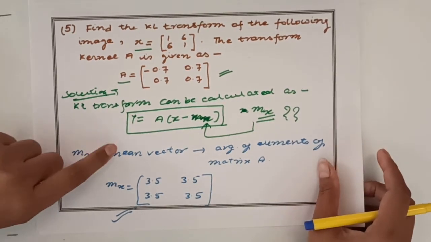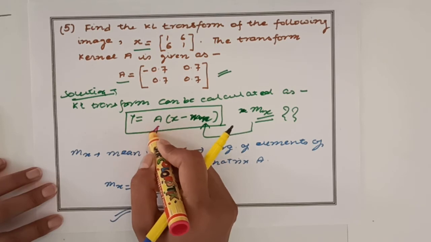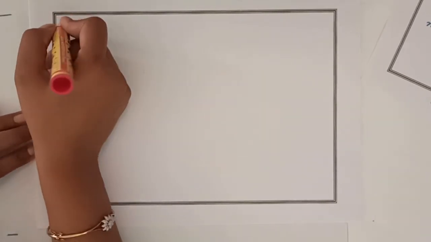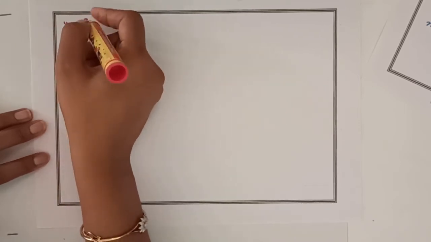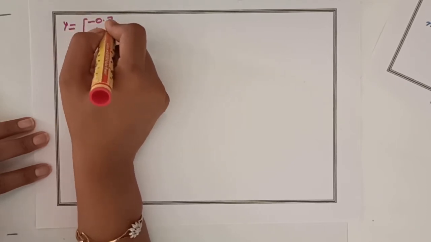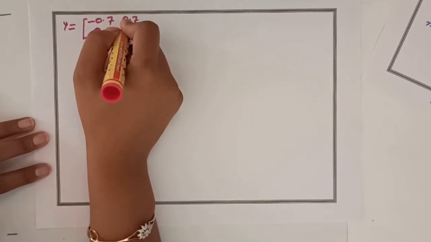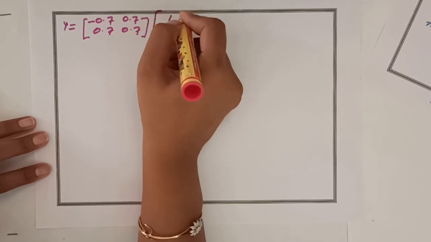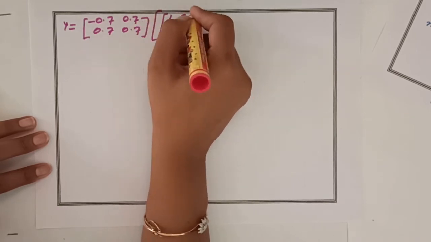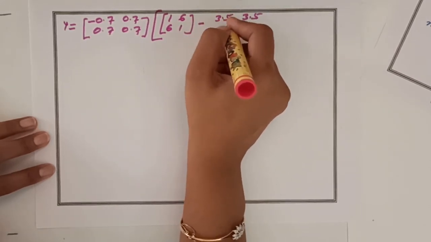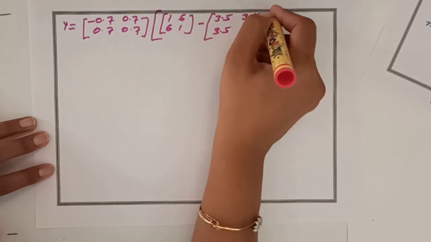Now substitute the value of A, x and mx in this equation. So you can write y is what? A, which is minus 0.7, 0.7, 0.7, 0.7 into x, which is 1661, minus mx, which is 3.5, 3.5, 3.5, 3.5.